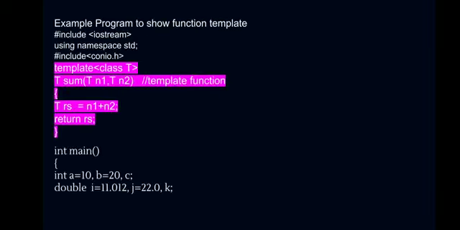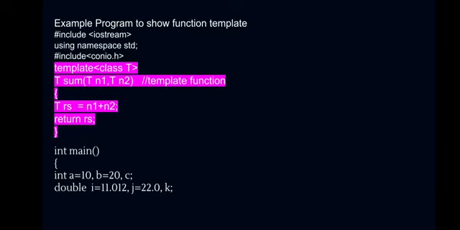Now let us see a program where I've created a function template to add two numbers. In the main program, I have taken integer variables a, b, c and double variables i, j, k.